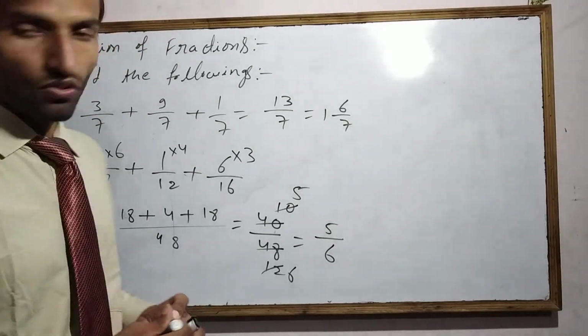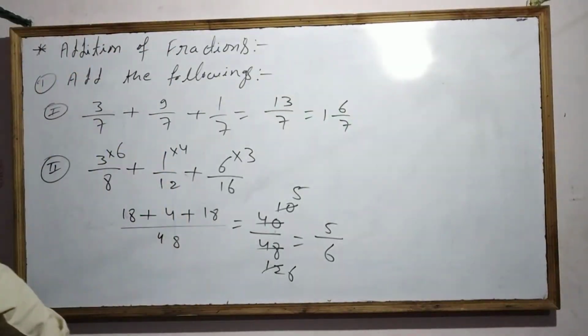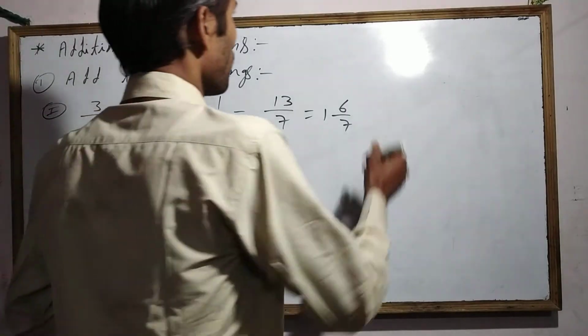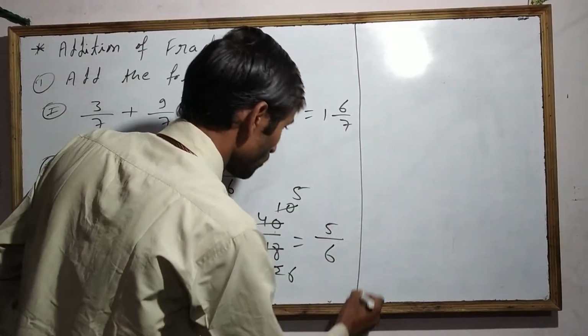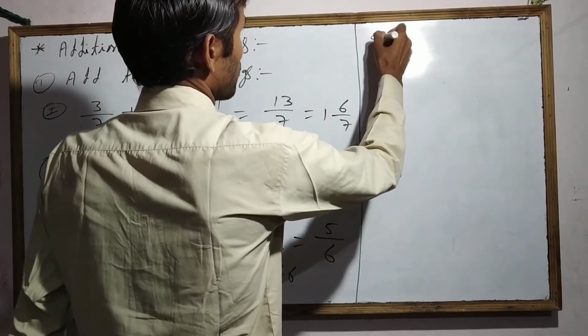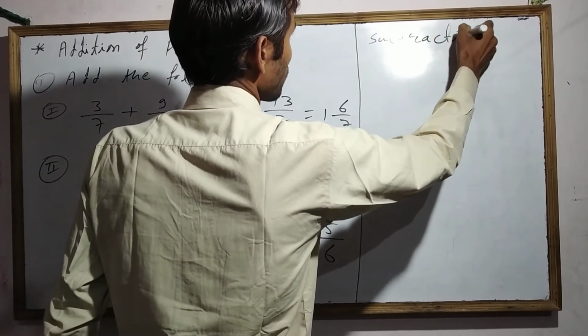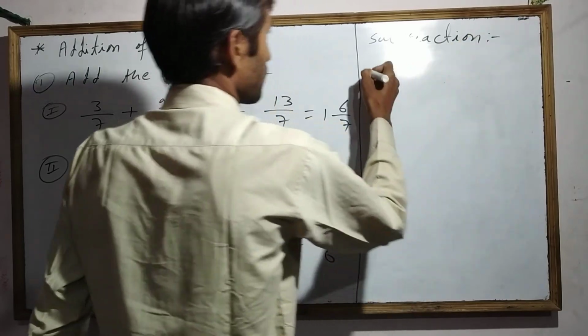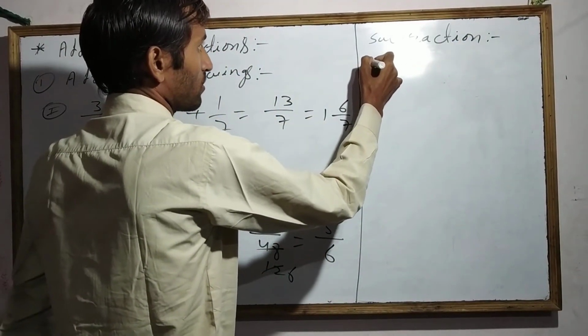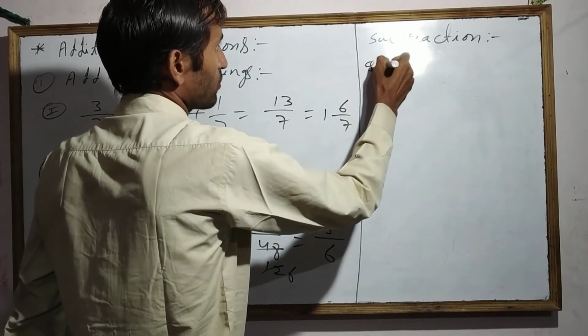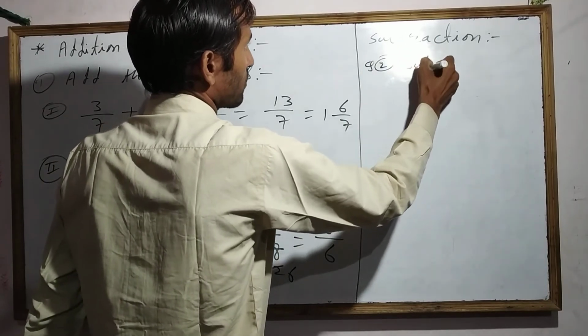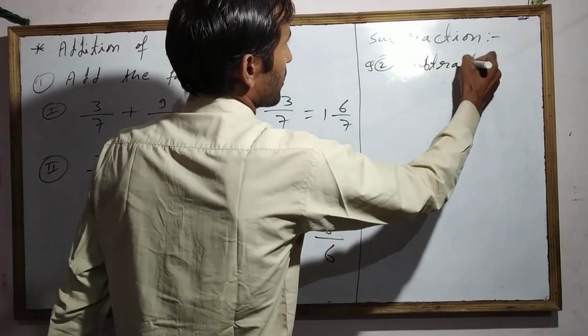Now we have to know about subtraction of fractions, means how to subtract two fractions. Next our topic is subtraction of fractions. Subtraction means, just next question is, subtract the following.